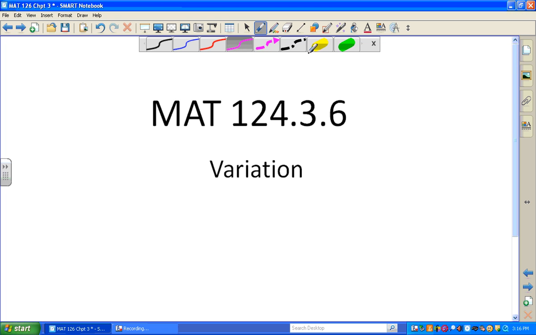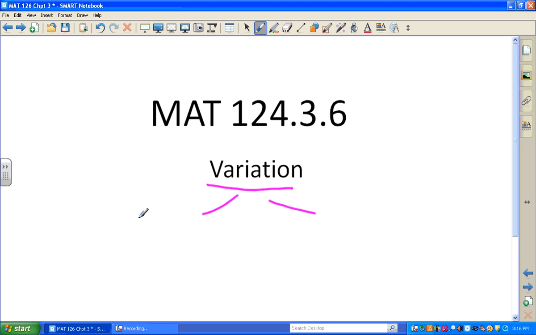But for right now, this is the last section in the chapter, variation. It's also one of the easiest sections that we've got. So variation. Usually there's two types of variation, directly and indirectly.